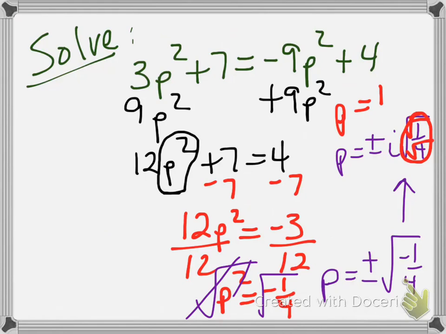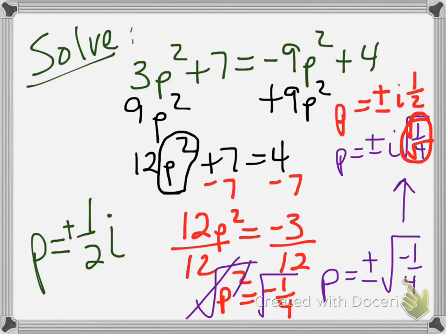The square root of 1 over the square root of 4 is 1/2. So I have i times 1/2, or my final solution would actually be p equals plus or minus 1/2 i. So even with fractions, we can deal with i.